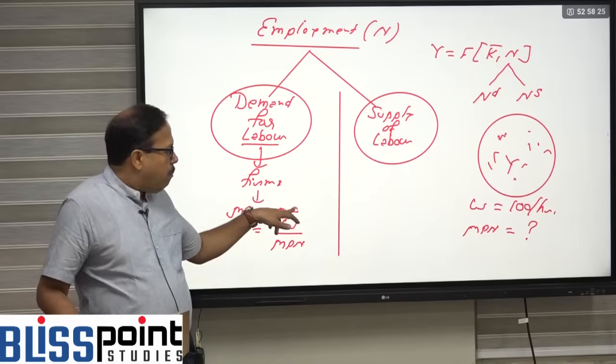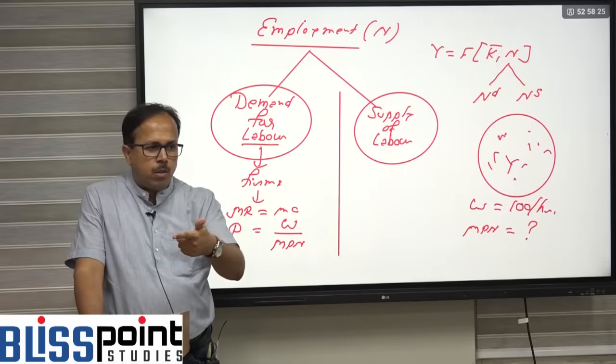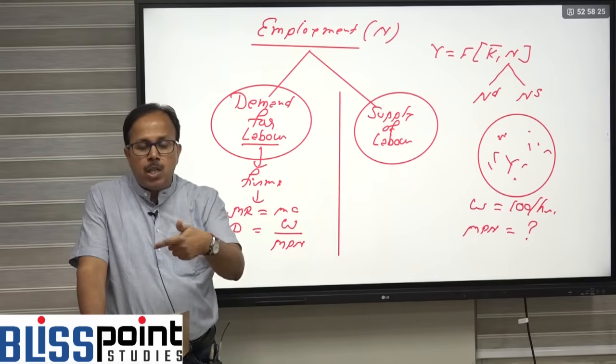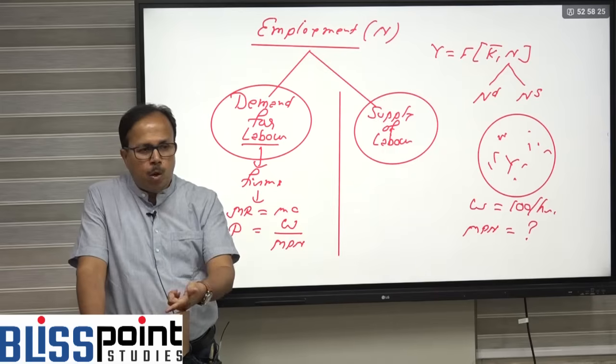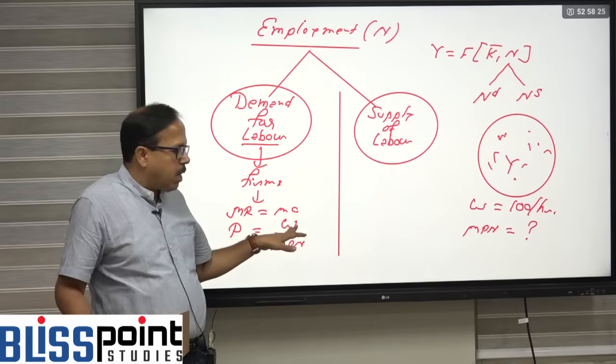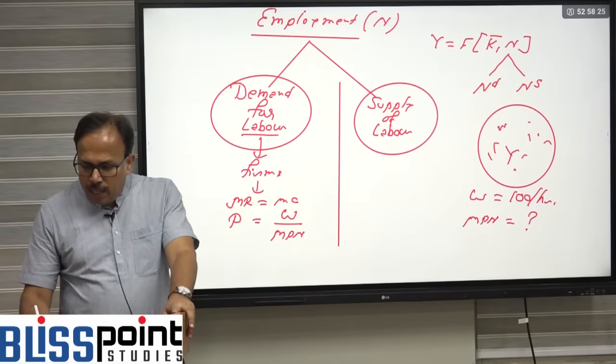I repeat, marginal cost means addition to the cost due to additional output produced. To produce additional output we require additional labor, but one additional labor may produce more than one output, may produce less. So addition to the cost will be wage divided by MPN. Can I write this equation as W by P equal to MPN?